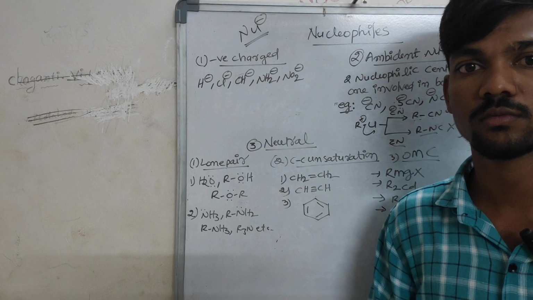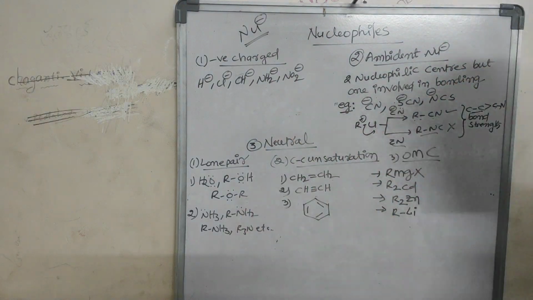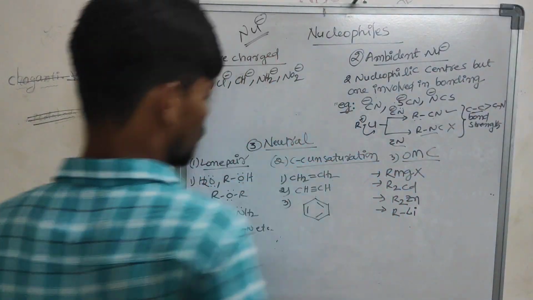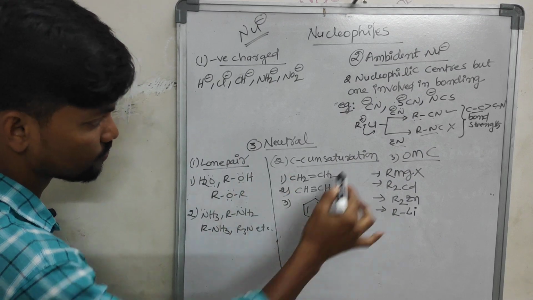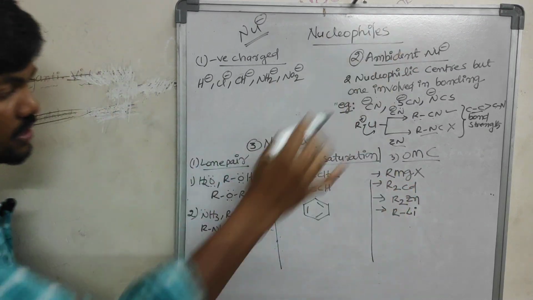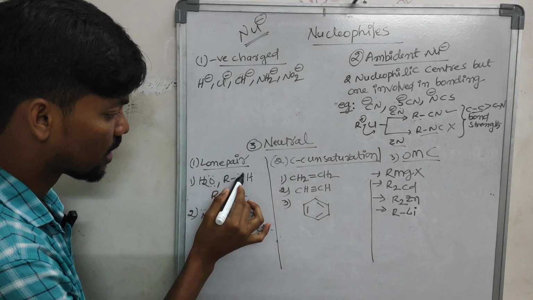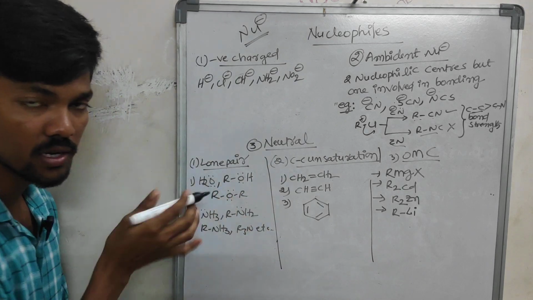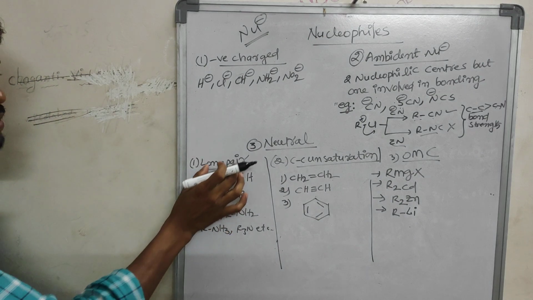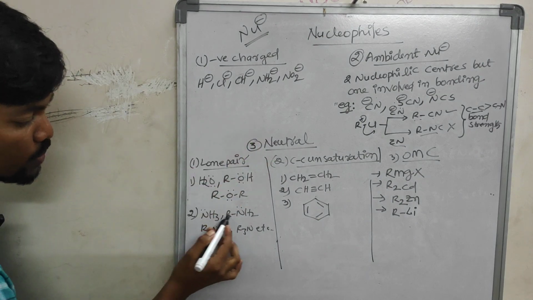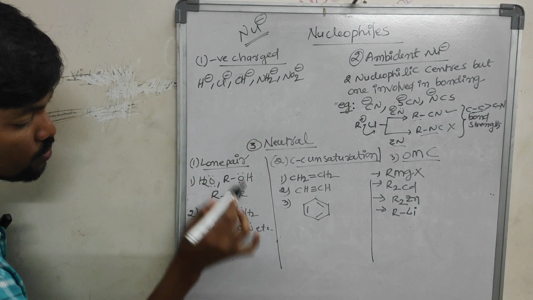If it is not there, how can you find out? Lone pair. If a lone pair of electrons is present, here oxygen has a lone pair, those are called neutral nucleophiles.